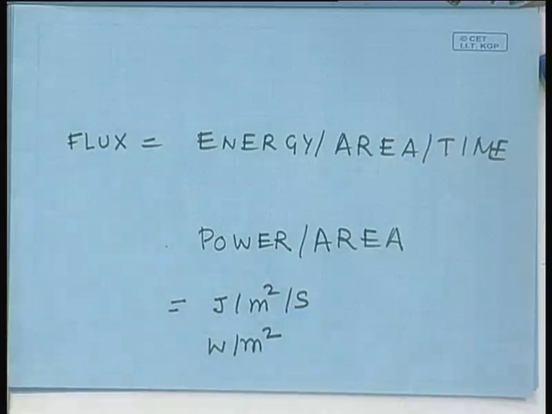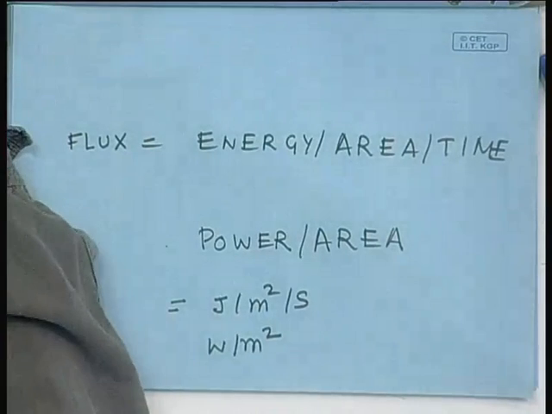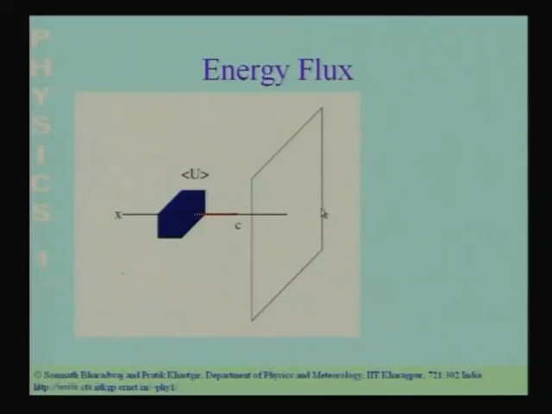The power from the radiation per unit area, and this is the energy density into c. So, calculating this energy density into c, we have half epsilon naught into c into E square, which gives us the energy flux.